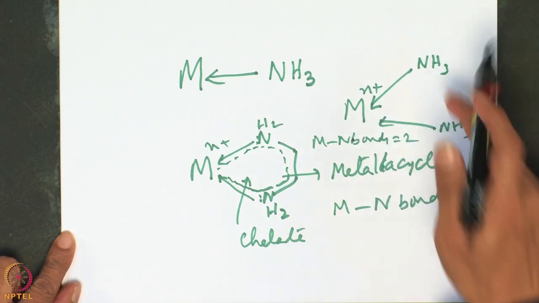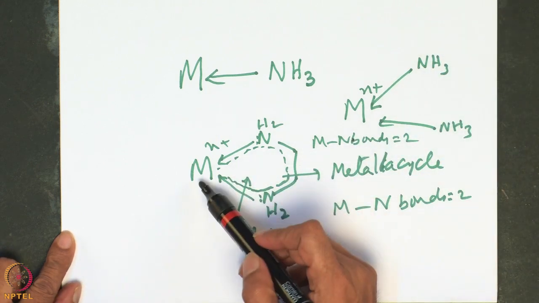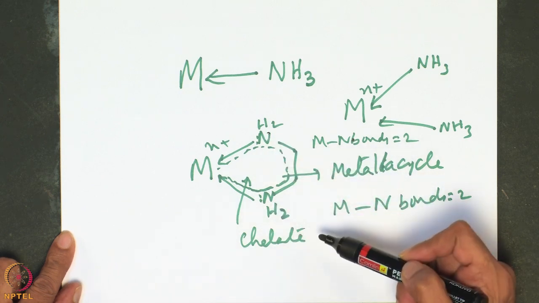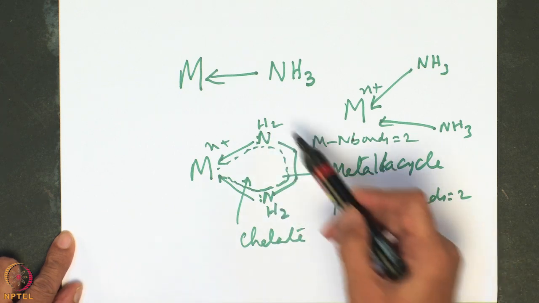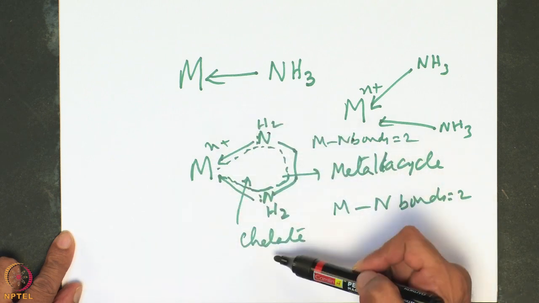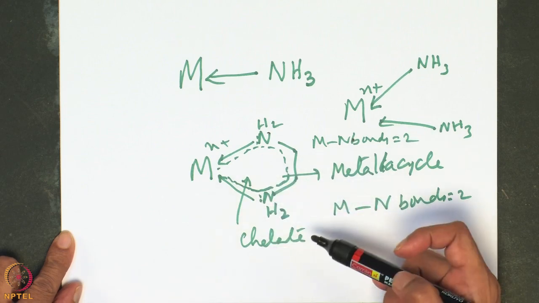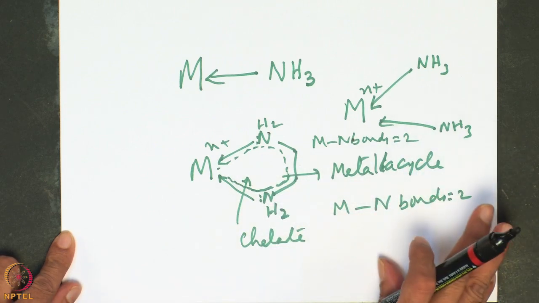If I have a metal with two ammonia versus the same metal ion with one ethylene diamine, where both the nitrogen amines are binding, I would find greater stability in the case of the ethylene diamine complex. How? I will explain in just a while. In the meanwhile, let us look at this.